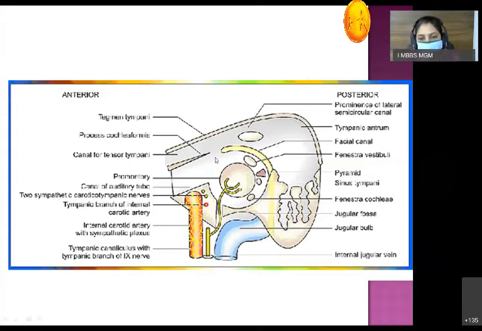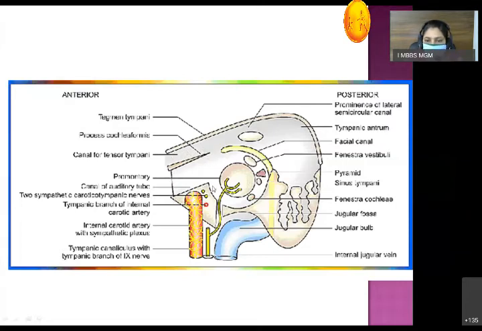The anterior wall, in the upper part, is formed by two openings, the auditory tube and the canal for the tensor tympani muscle.